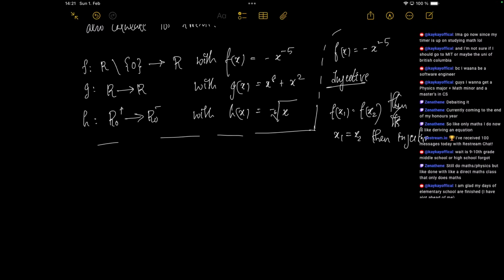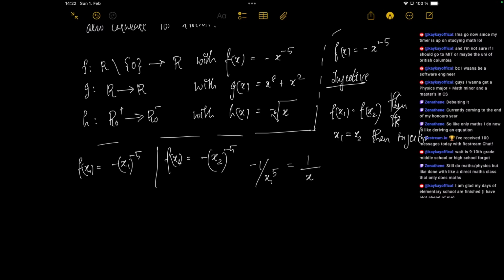This step seems so stupid. Therefore, injective, bro.